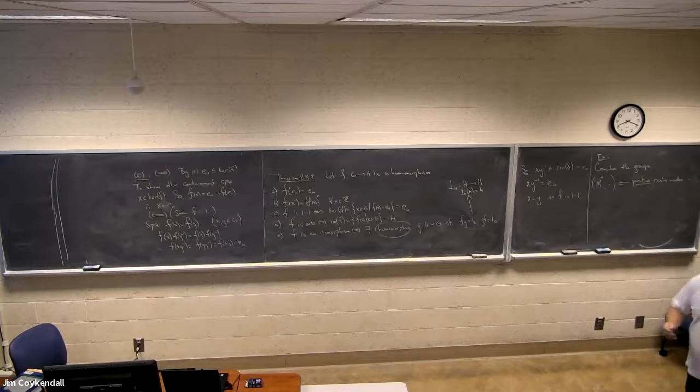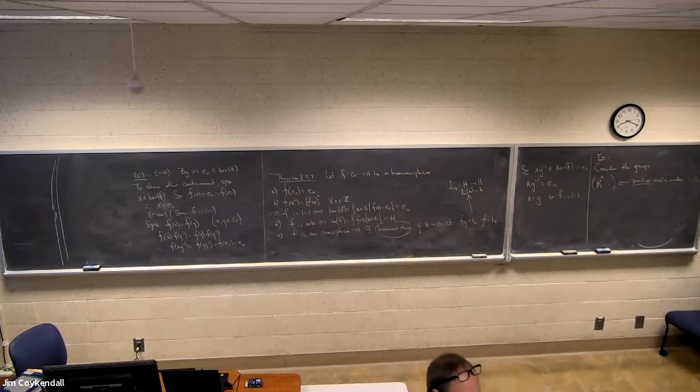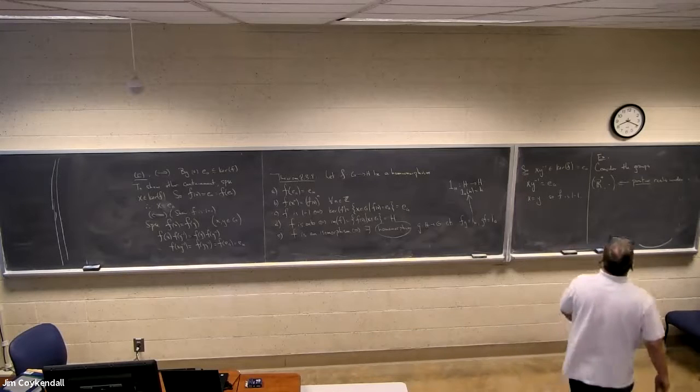So let me talk you through that. What do we have here? We have the positive reals, everything on the interval from 0 to infinity, not including 0. What happens if you multiply two positive reals? Positive real. What's the inverse of a positive real? Alpha, 1 over alpha, which is also a positive real. This is a group under multiplication.